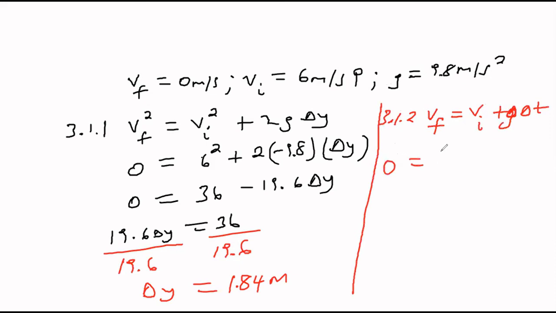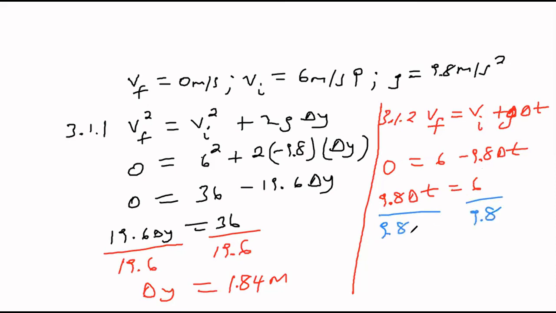The initial velocity is 6, we take up as positive. g is negative 9.8 delta t. We take the negative to the left, it becomes positive. Then let's divide both sides by 9.8. Then what is t? Delta t is 0.61 seconds.